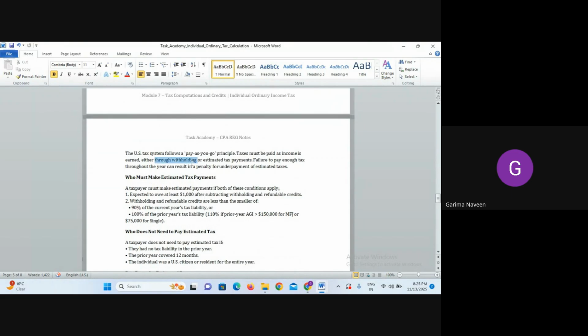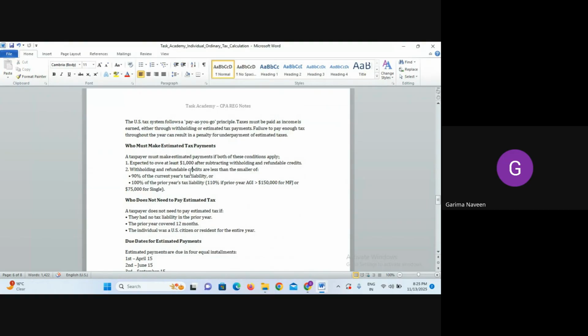This means if your employer is withholding your taxes, or if you are a self-employed person, then you have to pay your estimated tax payment. Failure to pay enough tax throughout the year can result in penalties for the underpayment of estimated taxes. So first is who must pay estimated tax payment.